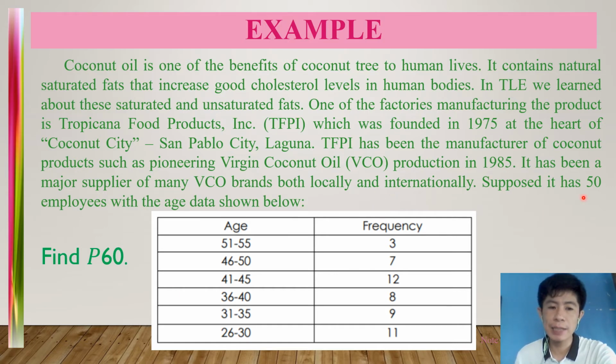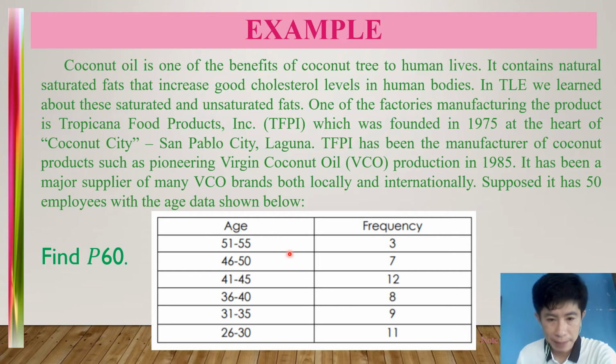Suppose it has 50 employees with the age data shown below. Find percentile 60. So this is the data presented. These are the ages of the employees and these are the frequency. Okay, so let us take a look at this table.